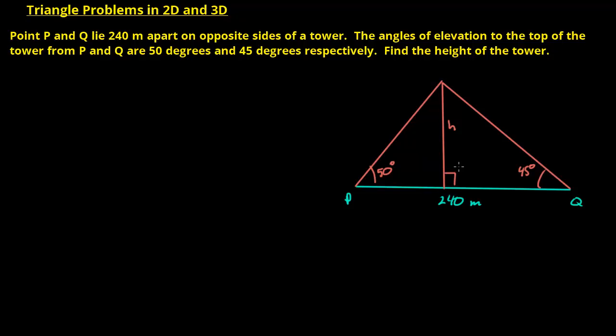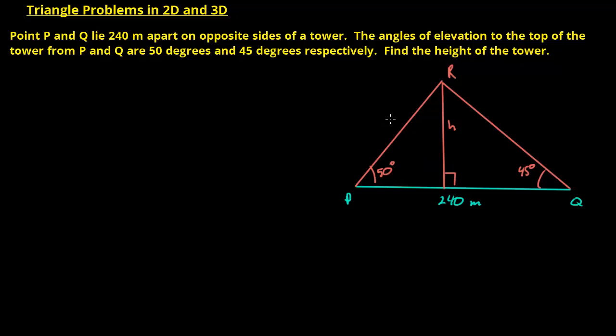I could technically write a system of equations and use the tangent ratios here, or another method is to label this top point R. So now we have triangle PQR.